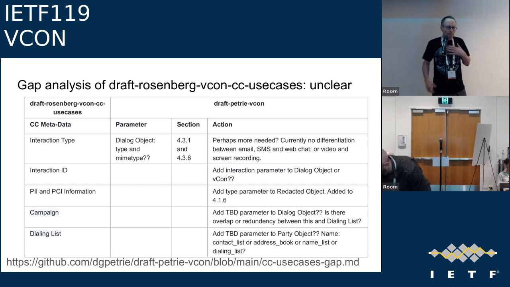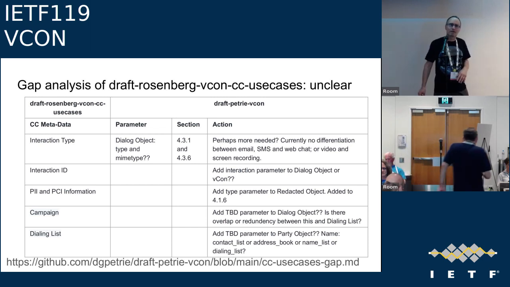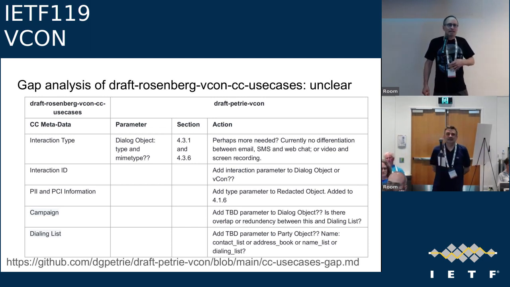From the contact center perspective, the idea is that this call was generated out of this specific dialing list. I'm not familiar enough with the contact center environment to say how that is different from a campaign. Is there not a one-to-one correlation between campaign and dialing list?